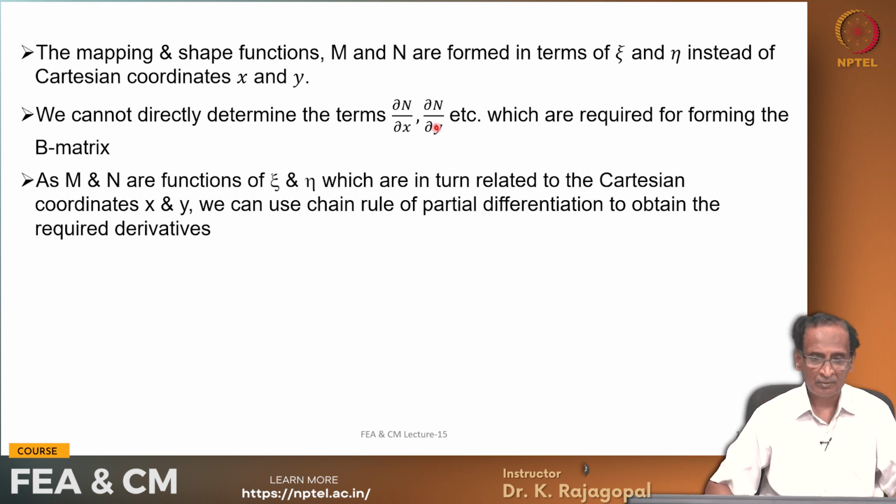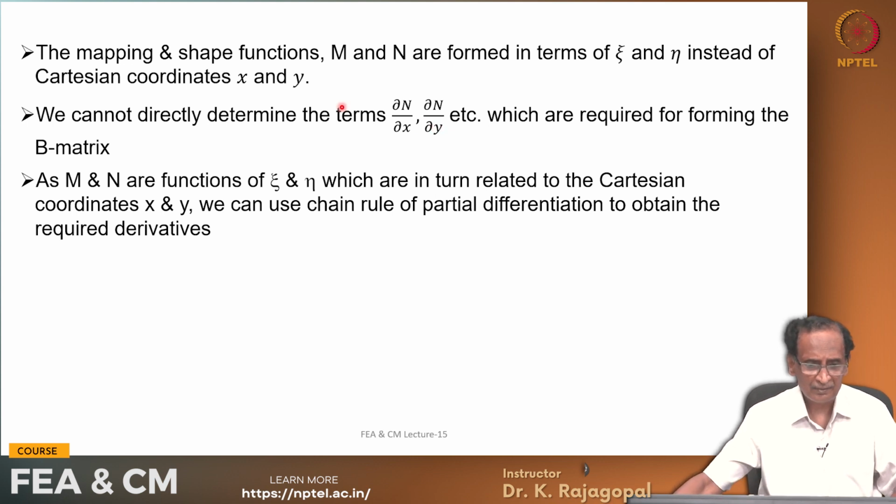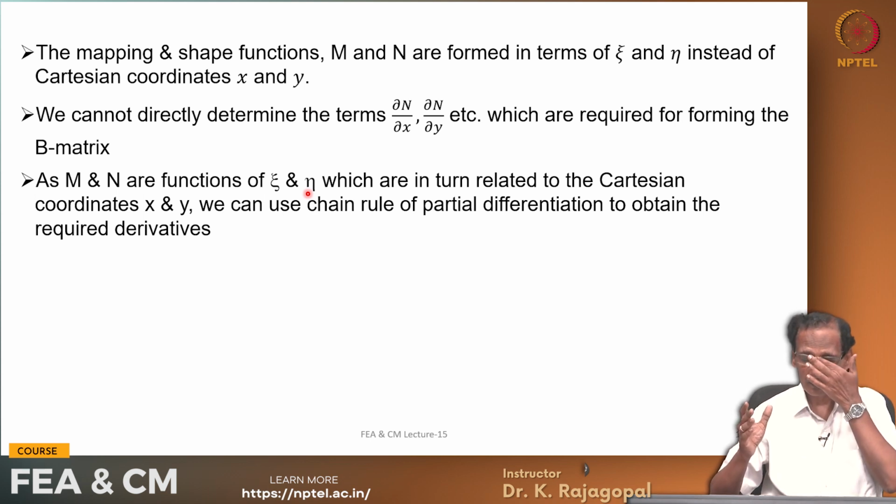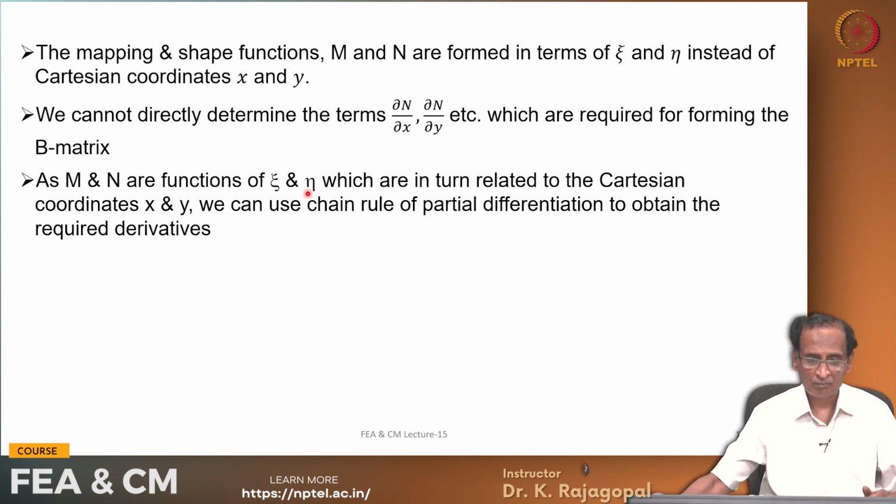As M and N, both the mapping and shape functions, are written in terms of xi and eta, which are in turn related to Cartesian coordinates x and y, we can use the chain rule of partial differentiation to obtain the required derivatives.